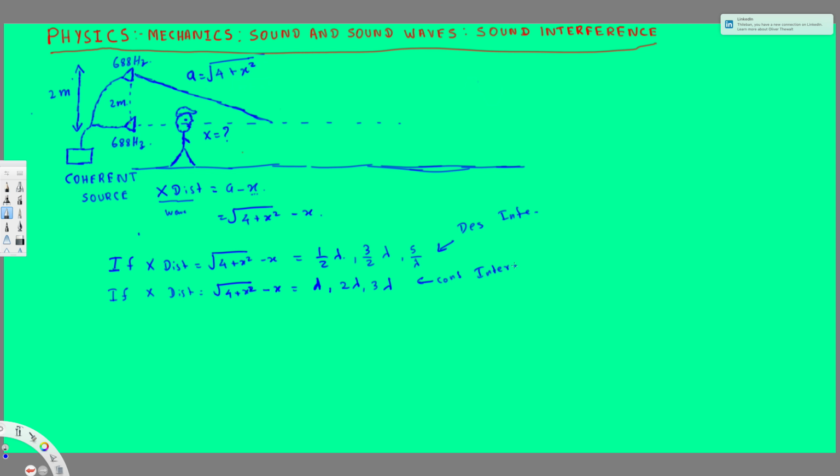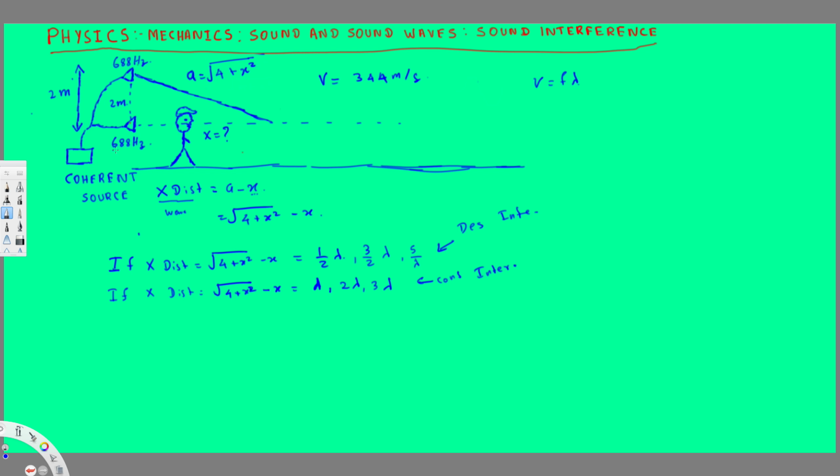So we have two situations. Let's find out these two. To find this, first of all, we have to know the lambda. The velocity of the sound is equal to 344 meters per second. From this information we can find the lambda. V is equal to f lambda.